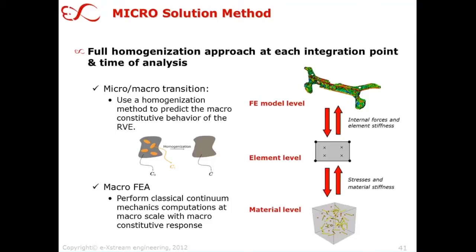Based on this, you compute the local material property, and then on the macroscopic level, you get your stresses and strains as a field based on these material properties. So this is the full approach, but of course it's demanding because at each integration point and time of your analysis, you have to run the homogenization routine via the user subroutine.